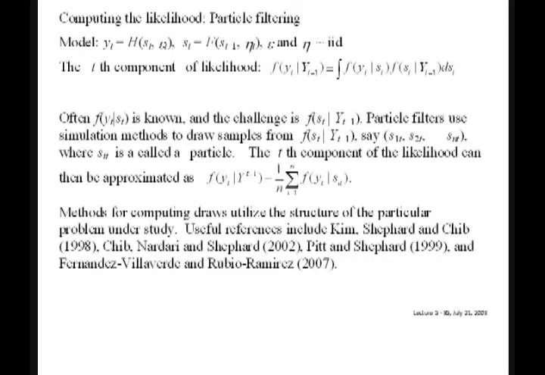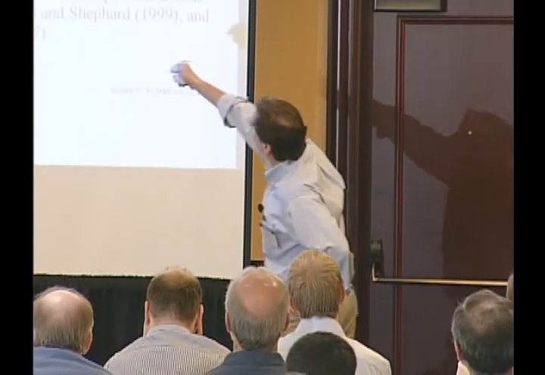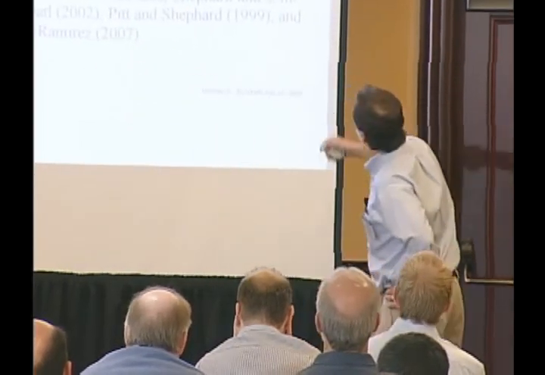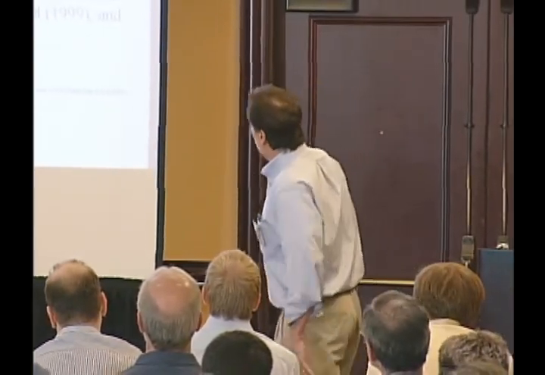Okay, so I'm interested in the likelihood, or the density, of y_t given lagged values of y. And what is that? Well, we worked that out, right? It's the density in this model of y_t given s_t, which typically would have a simple form that you could figure out, right? Because it's just that, times the predictive density of s_t given y_{t-1}. Okay.